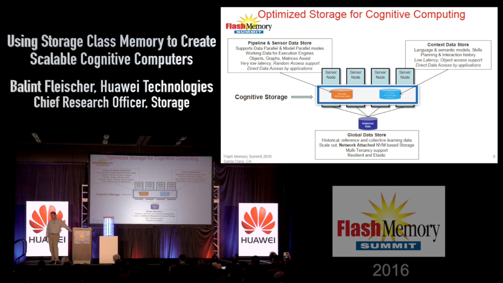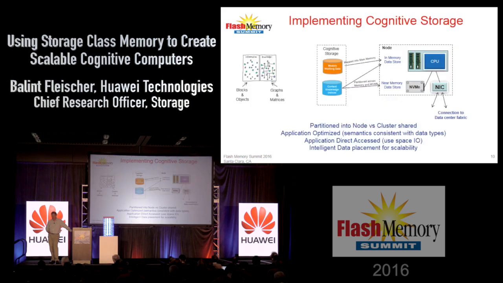The historical data store is basically a fairly straightforward object store. There is not a lot of uniqueness there, and it is usable for other applications also. So if you want to map the two different elements of the cognitive store, basically the model's working data really wants to live in main memory.